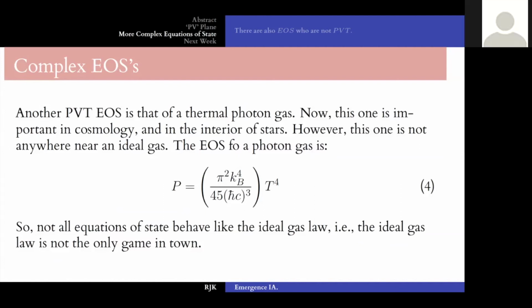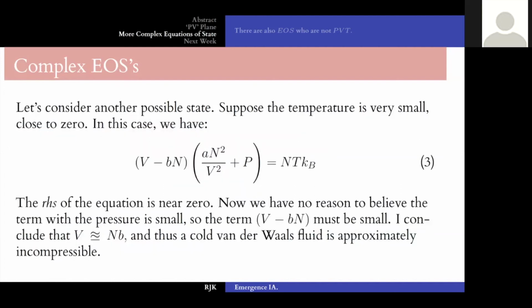Another. Oh, Bob? Yeah. Just before you leave that, I just wanted to point out, as you of course know, that the two terms have physical significance. The term with a B in it accounts for the fact that the molecules themselves occupy a certain volume, so that the volume available to the molecules is the original volume minus the volume occupied by the molecules themselves.